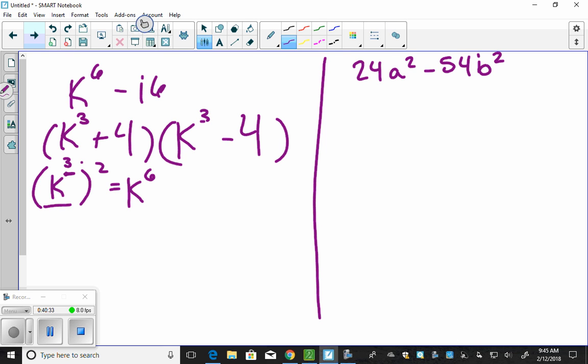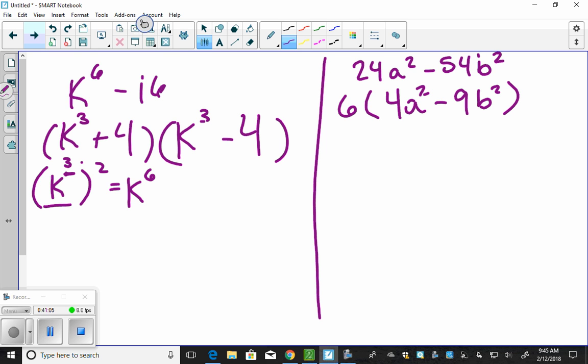Not 4. 6. Do they have any variables in common? Nope. So what's 24 divided by 6? 4a squared. What's 54 divided by 6? 9b squared. Okay. That was step 1.